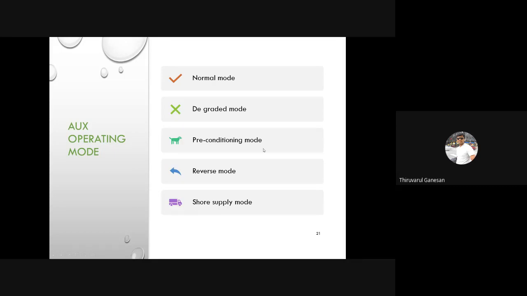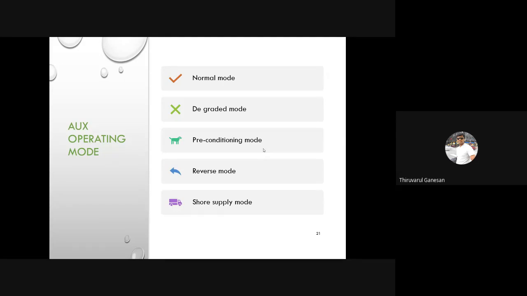And the preconditioning mode is nothing but when your metro is at the shed, maybe you can consider the yard. Before starting the morning operation, the driver has to go and switch on all the auxiliary loads in the driver cabin, and he has to ensure all the auxiliary systems are working.